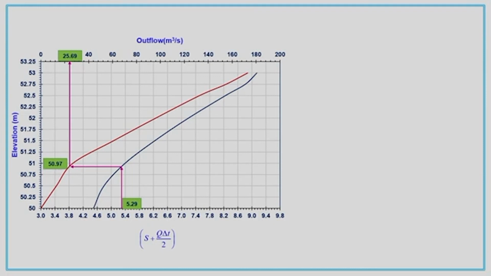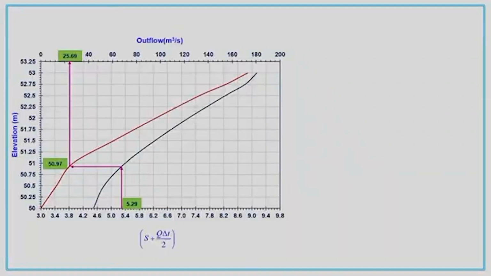So, what we have done: for the initial value at t equal to 0, at the moment when the flood wave is entering the reservoir, we have considered it as the initial condition corresponding to storage and Q. Based on that storage and Q value, we have found out the value corresponding to S minus Q delta T by 2. By adding the terms on the left hand side of the equation, we got the indicative storage corresponding to that.